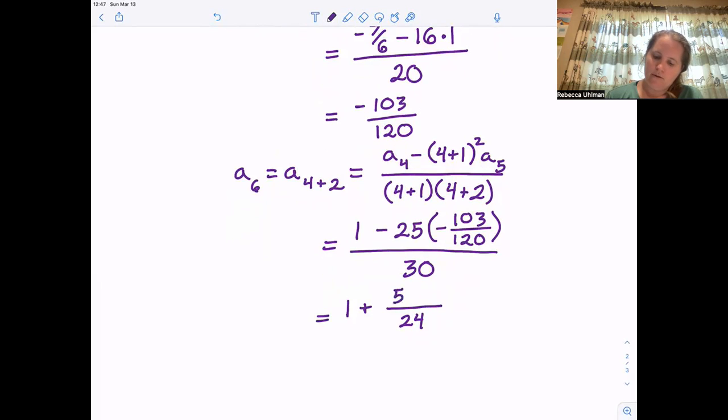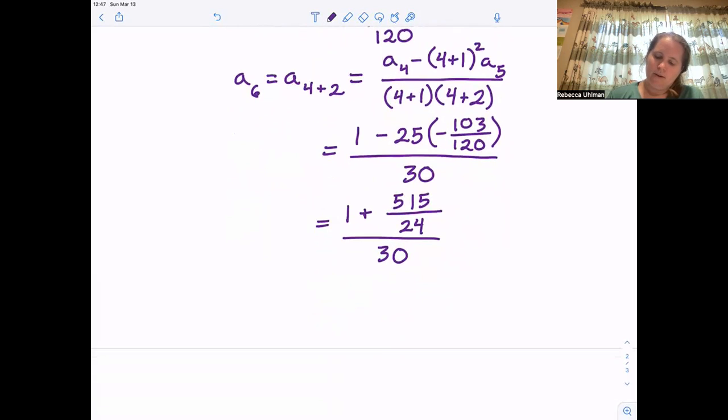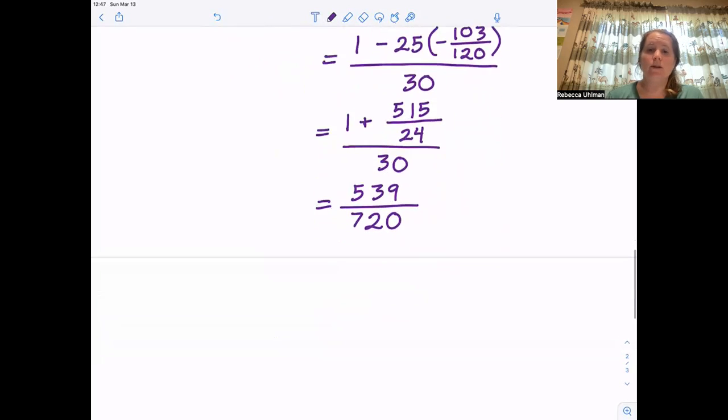We're looking at 515 up top, all over 30. And this becomes 539 over 24 times 30, which should be 720. So we have 539 over 720.